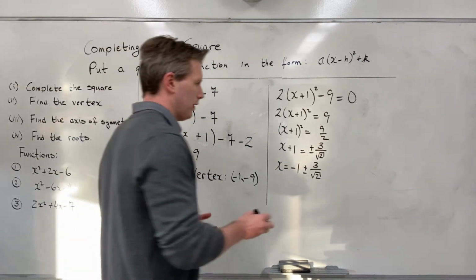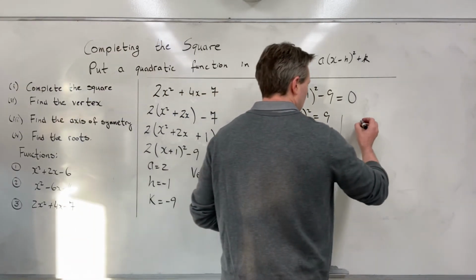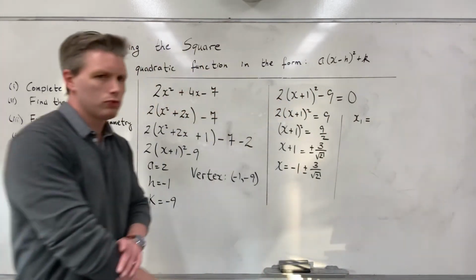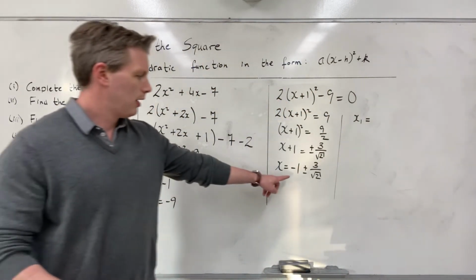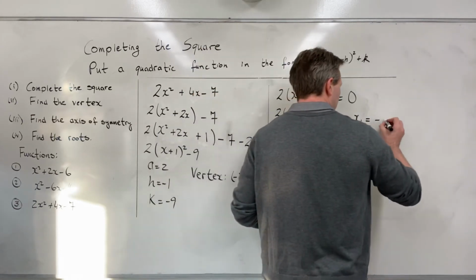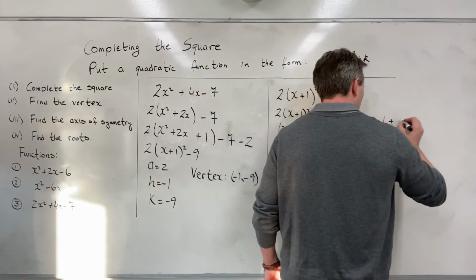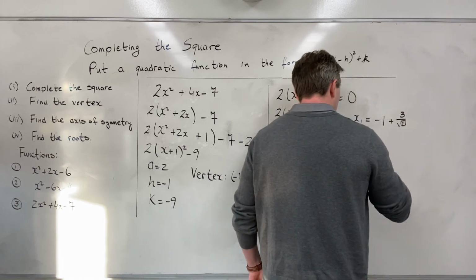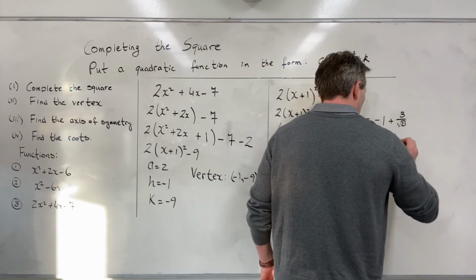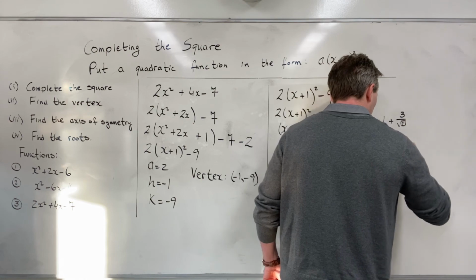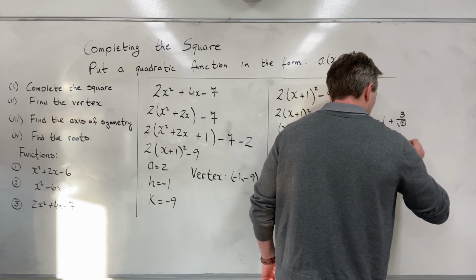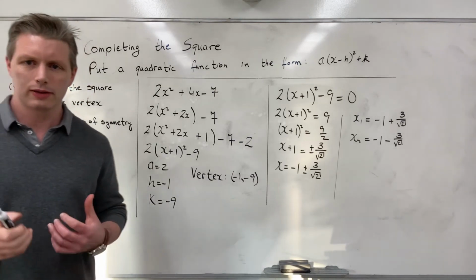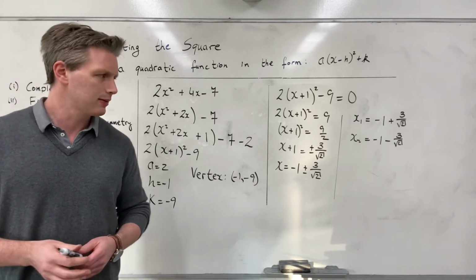So I have two values. Let's put it here. One root is x equals minus 1 plus 3 over root 2. And x2 is minus 1 minus 3 over root 2. Like I say, the roots are the values for which the function crosses the x-axis.